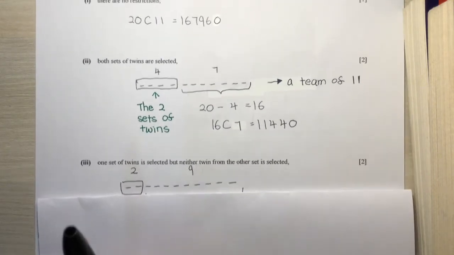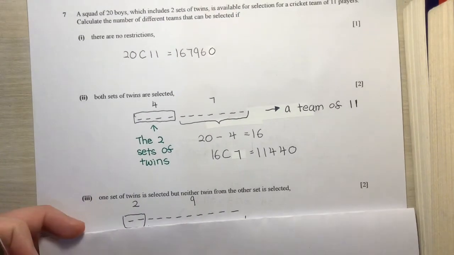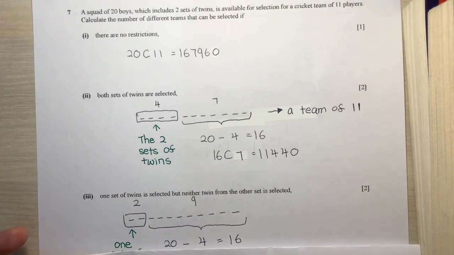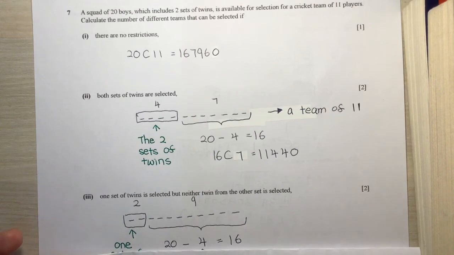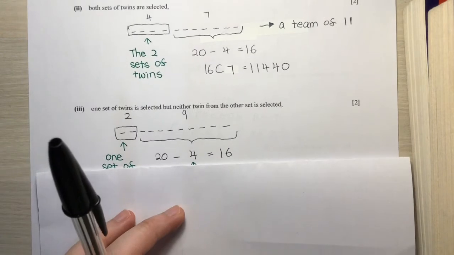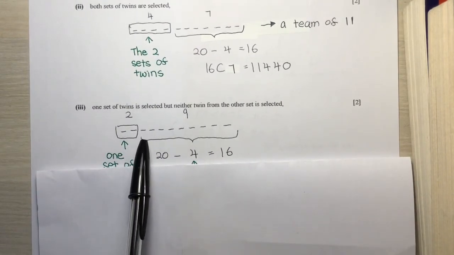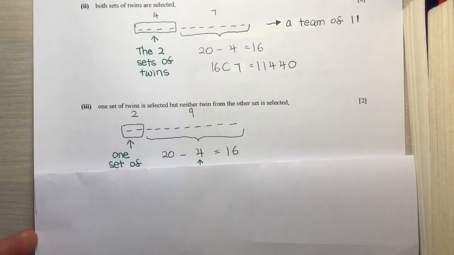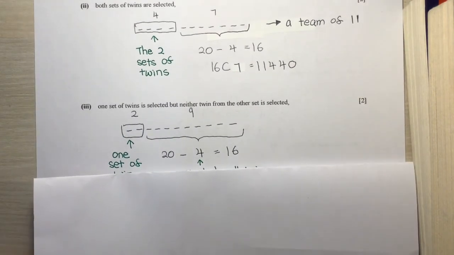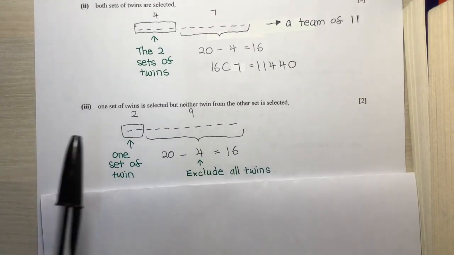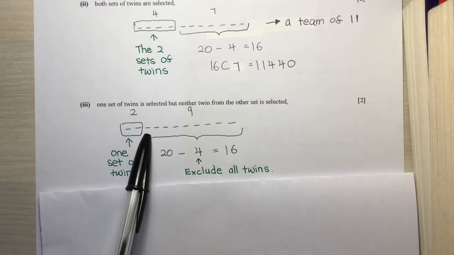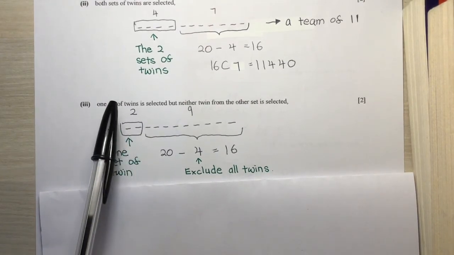But we have to be careful that in the remaining people, we only have 16 people to choose from again, because we cannot include both sets of twins, which means that we have to exclude all the twins first, but we will leave 2 spaces for 1 set of the twins.